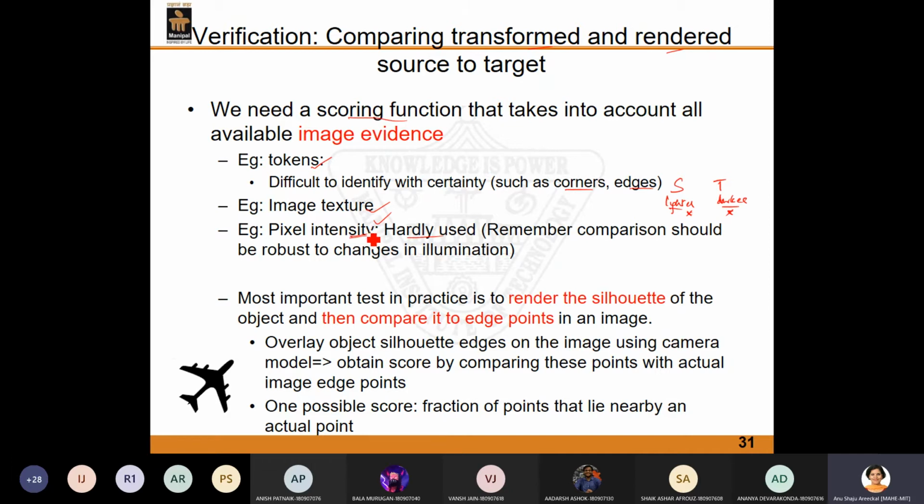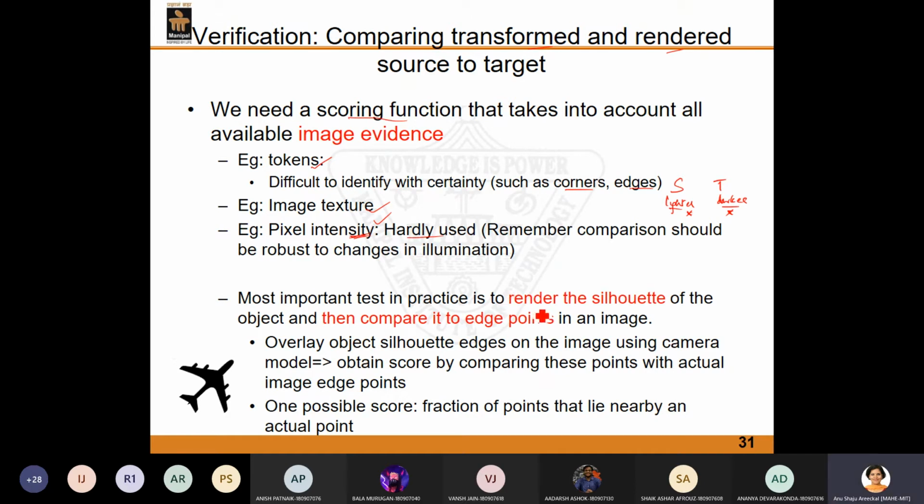So that is why the pixel to pixel comparison is rarely used, unless there are no illumination variations. Since it is prone to illumination variations, using pixel intensity as a scoring function, or to find the errors, is rarely used.